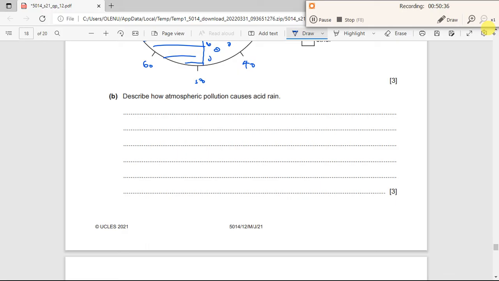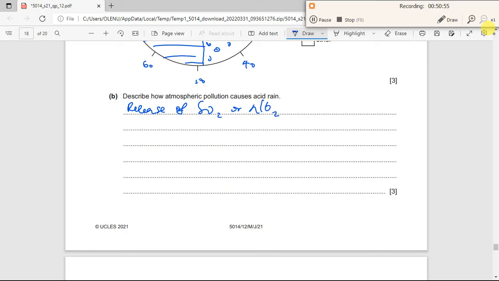Describe how atmospheric pollution can cause acid rain. Simple. Things like the release of SO2 or nitrous oxide.